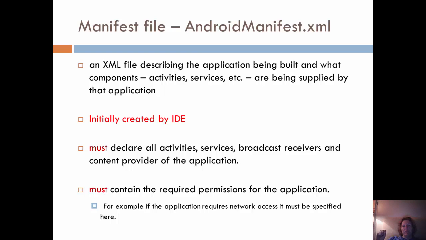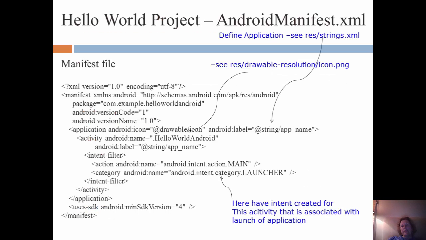Anytime you use any particular hardware feature of the device, we have to ask for permission, even to use the internet from the application. And we'll learn how to do that. We have a specific lecture just on manifest a little later, and we'll learn it as we go and try new and different things.